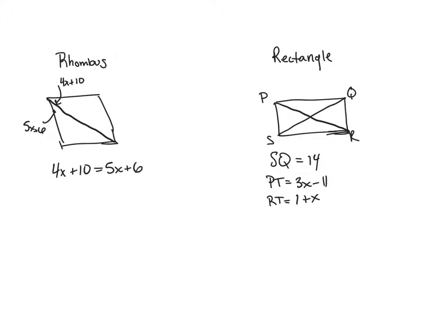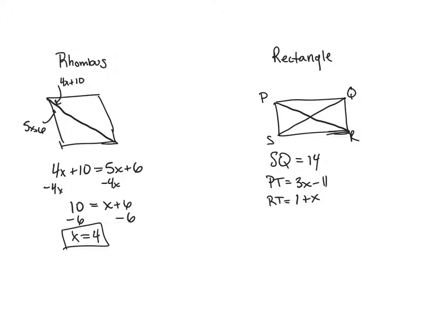So I can set them equal to each other and then solve for x. So if I do that, I do minus 4x minus 4x, I have 10 is equal to x plus 6. Subtract 6, so x is equal to 4. So when x is equal to 4, that's my shape.